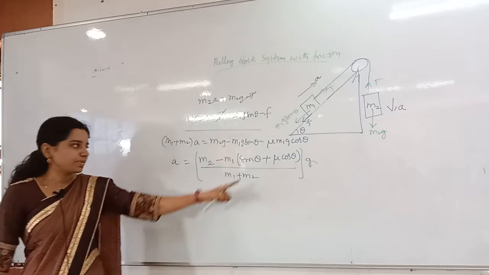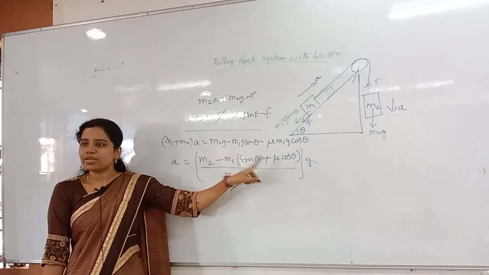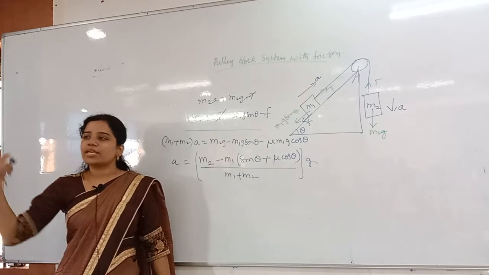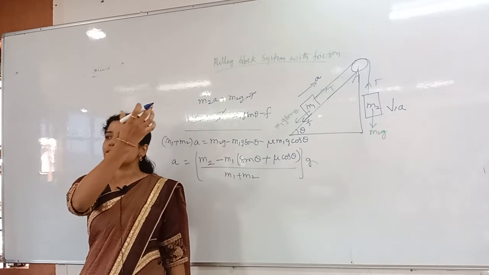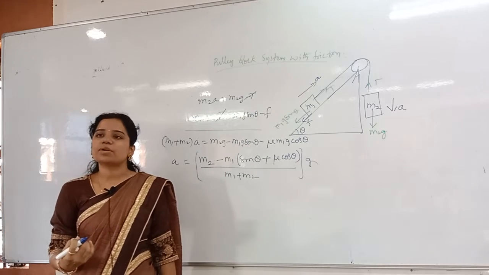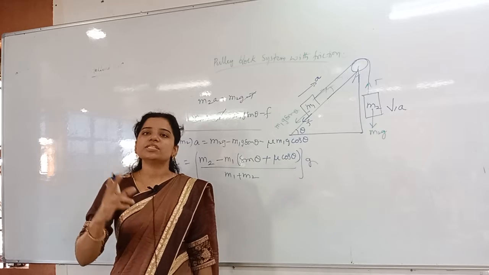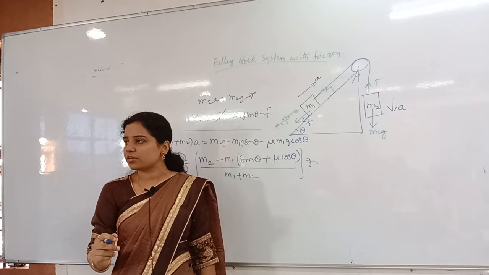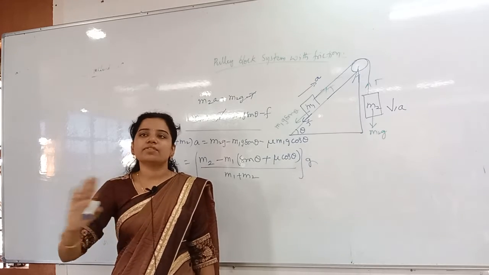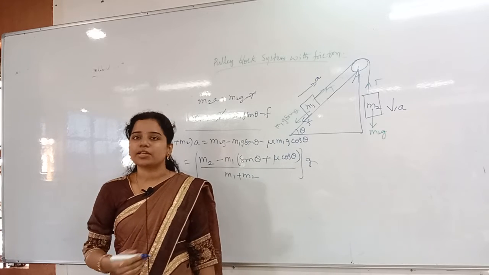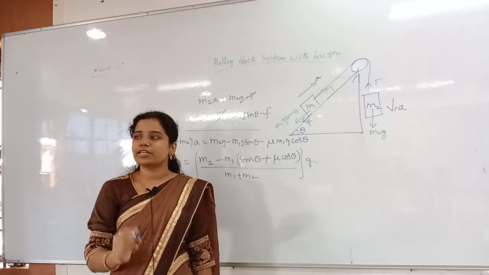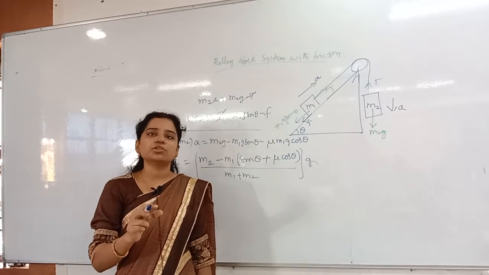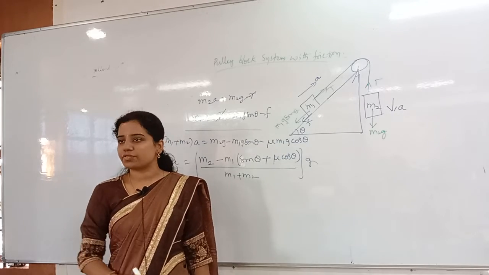Clear? That is why I said plus will come here. Why plus? Nothing but simple logic. In the inclined plane we have seen that whenever the block is sliding down, the formula we got is a equals g sin theta minus mu cos theta. Whenever the block is sliding in upward direction, is it acceleration or retardation? Retardation. a equals g into sin theta plus mu cos theta, we got.